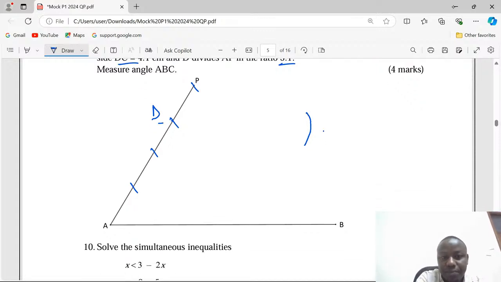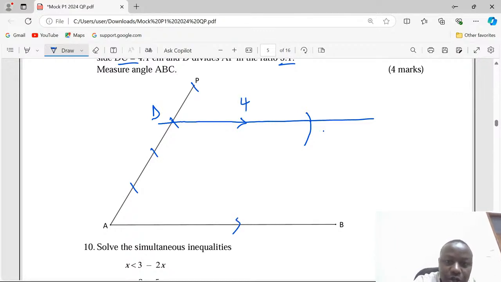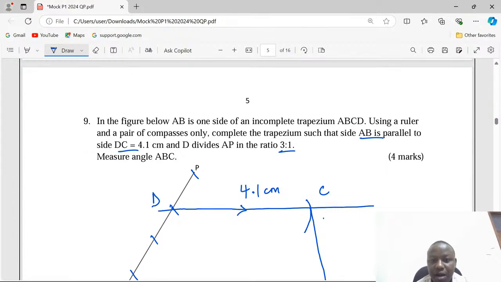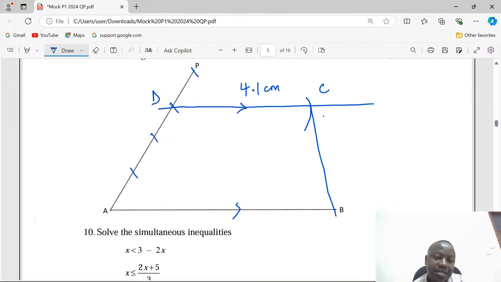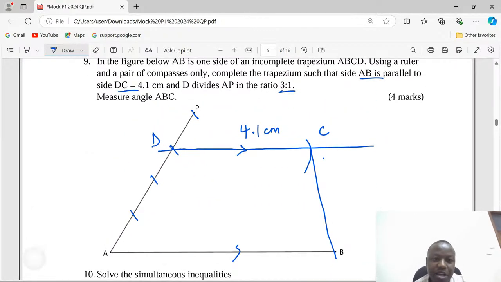Wherever this parallel line intersects the arc measuring 4.1 centimeters, that will be our C. With C, we can simply join it to B, and we will have our trapezium in place.